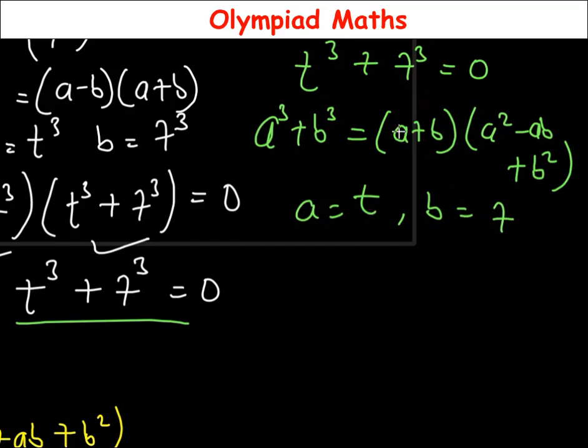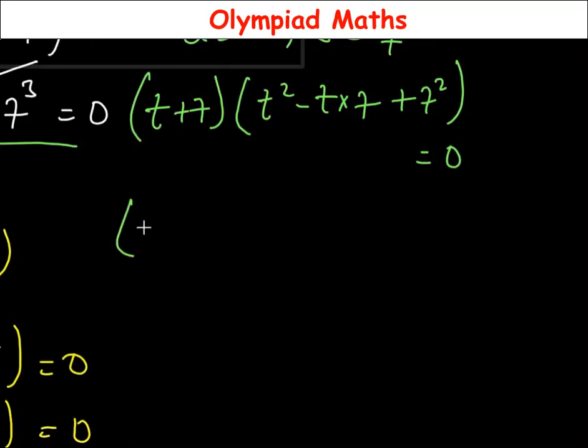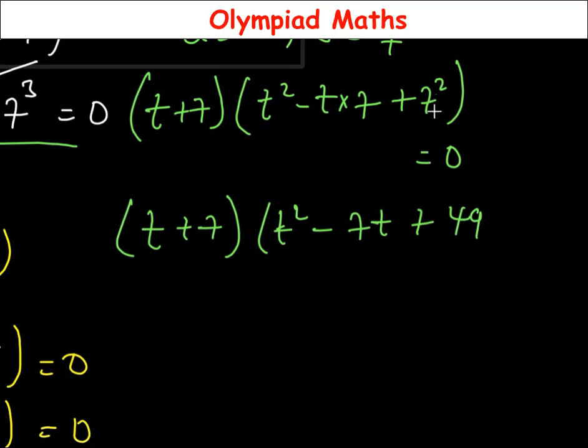So expanding this equation, in brackets, a is t, plus b is 7, multiplied by a is t, so t squared, minus a, which is t, times b, which is 7, plus b squared, 7 squared, all is equal to 0. Such that with this, we have it as, in brackets, t plus 7 multiplied by t squared minus t times 7, which is minus 7t, plus 49, 7 squared is 49, equal to 0.